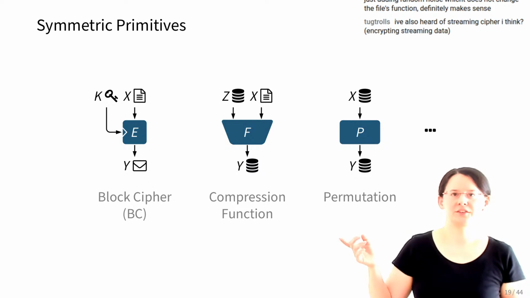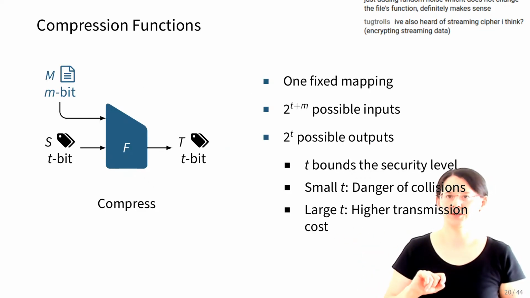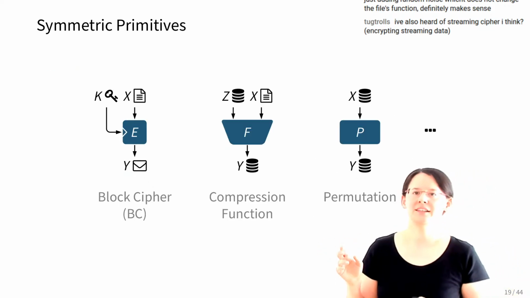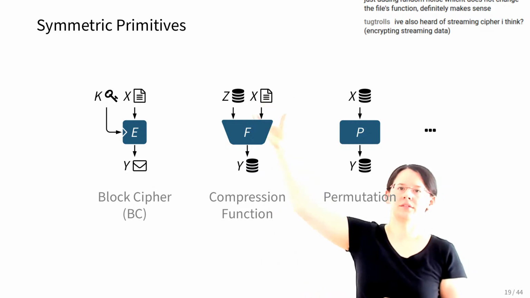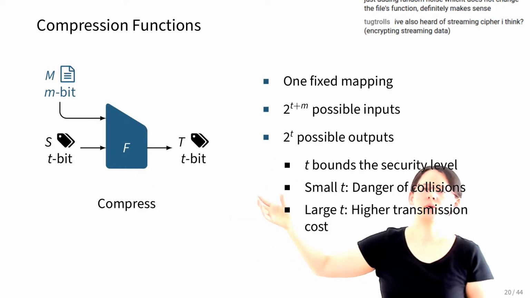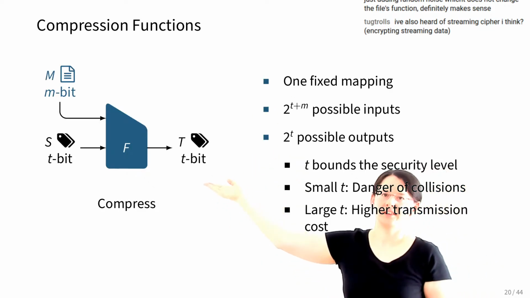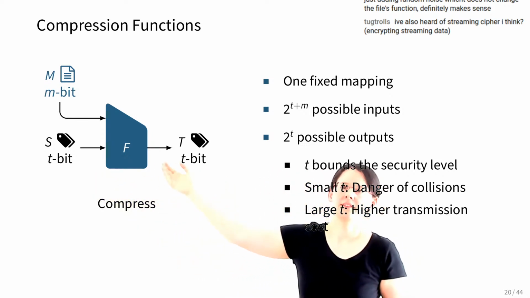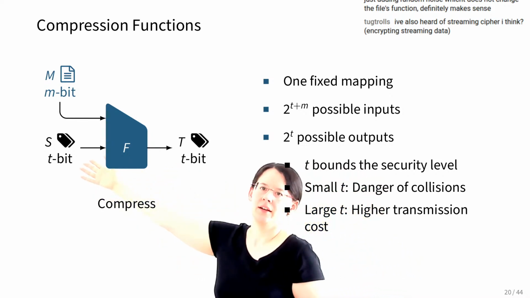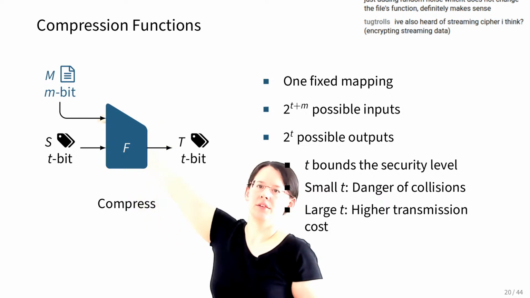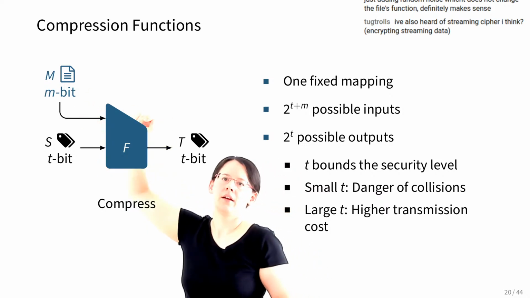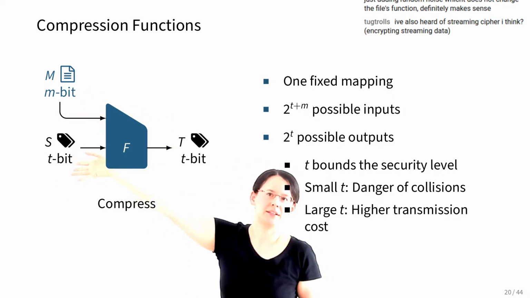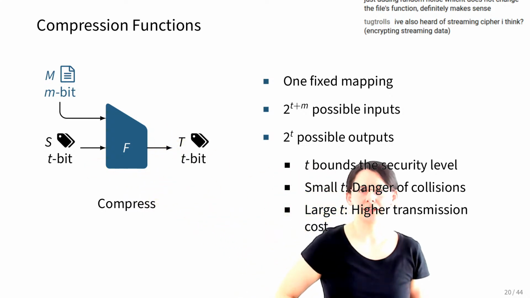Okay, so let's continue here and let's have a closer look at compression functions. Like I already said, they are sometimes written vertically like this or horizontally like this. So the input is here and the output is here. In any case, they take some input data and update it based on some message block. We denote by m the message length and by t the length of the intermediate value.